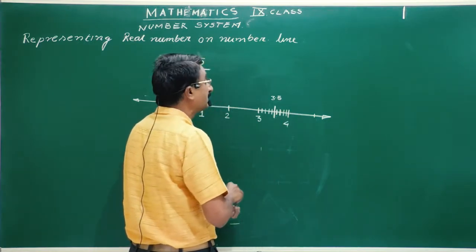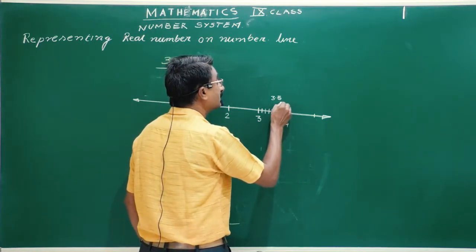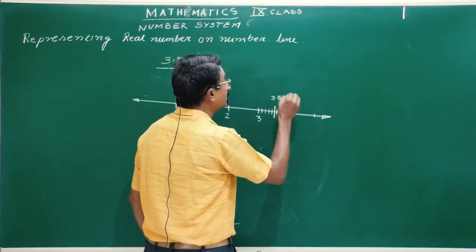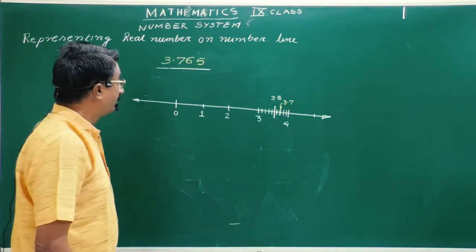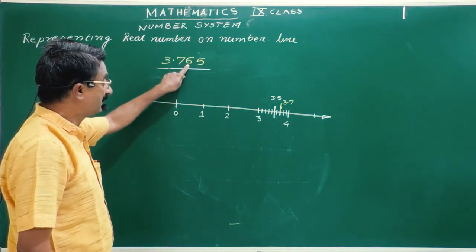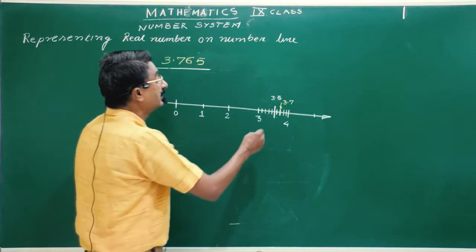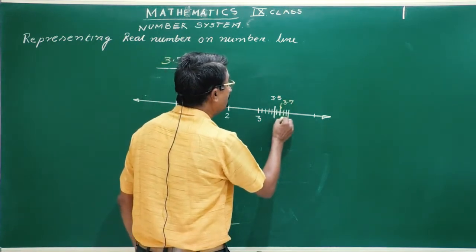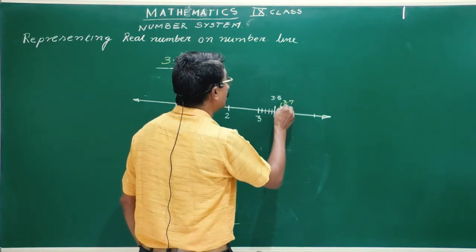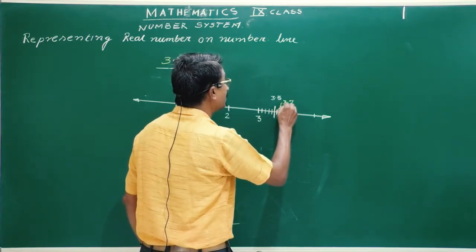So I will mention here, this is 3.7. But we need 3.76. The second place is 6. So this will be in between 3.7 and 3.8. So we have to magnify this portion.